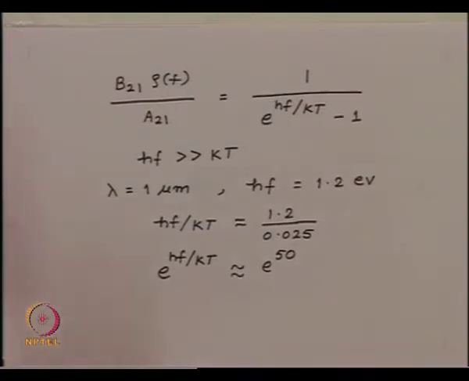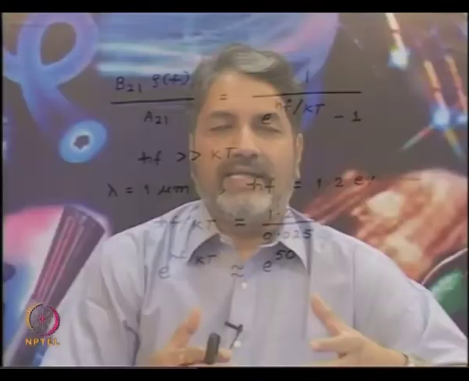At room temperature, if you look at a body, whatever radiation is coming out of it, the ratio of the stimulated emission to spontaneous emission is e to the power minus 50. That means the stimulated emission is practically non-existent at room temperature under thermal equilibrium.